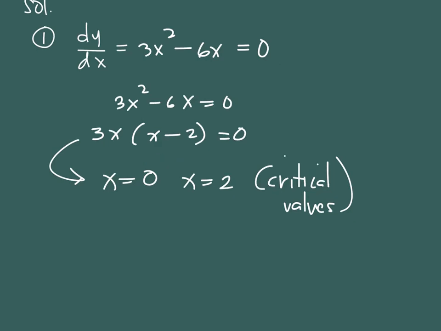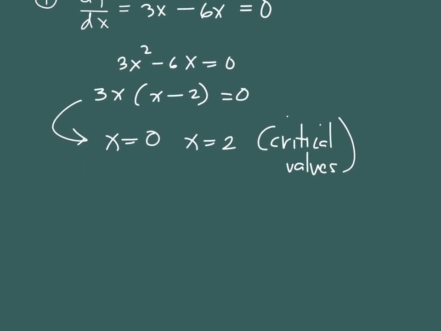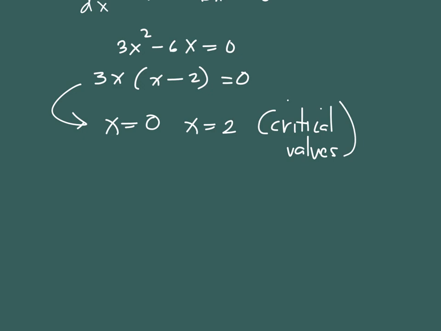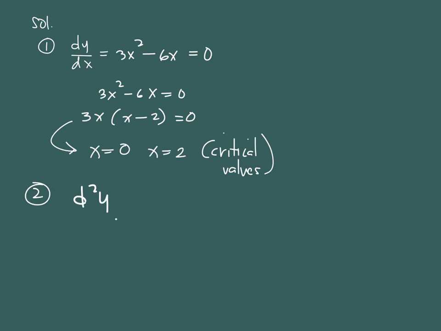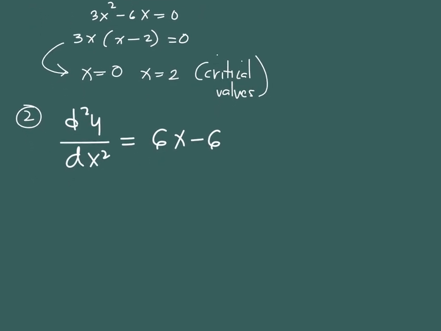Okay, once we have the critical values, since it was mentioned that the test we're going to use is a second derivative test, we go straight to the second derivative of the function. The second derivative is d squared y over dx squared equals 6x minus 6. So we're going to test those values in 6x minus 6. If x is equal to 0, 6 times 0 minus 6 is equal to negative 6.